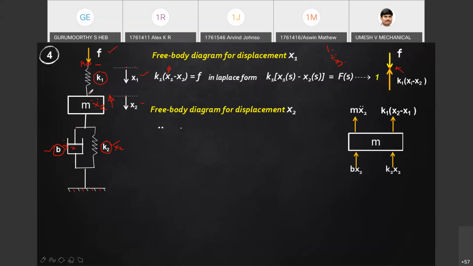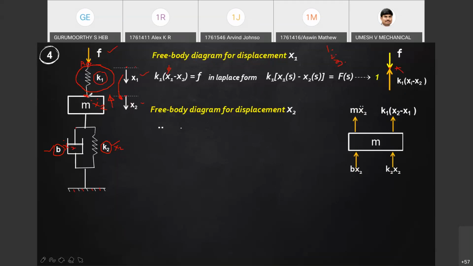So then acting on this mass, but this particular spring K1 is between two displacements. When you consider this K1, absolute displacement, it is only one. It is not between two displacements.